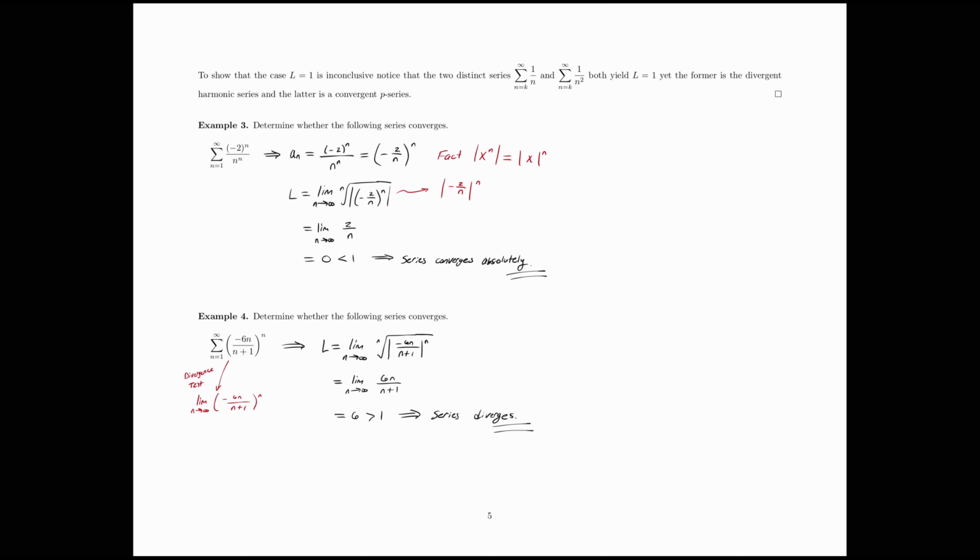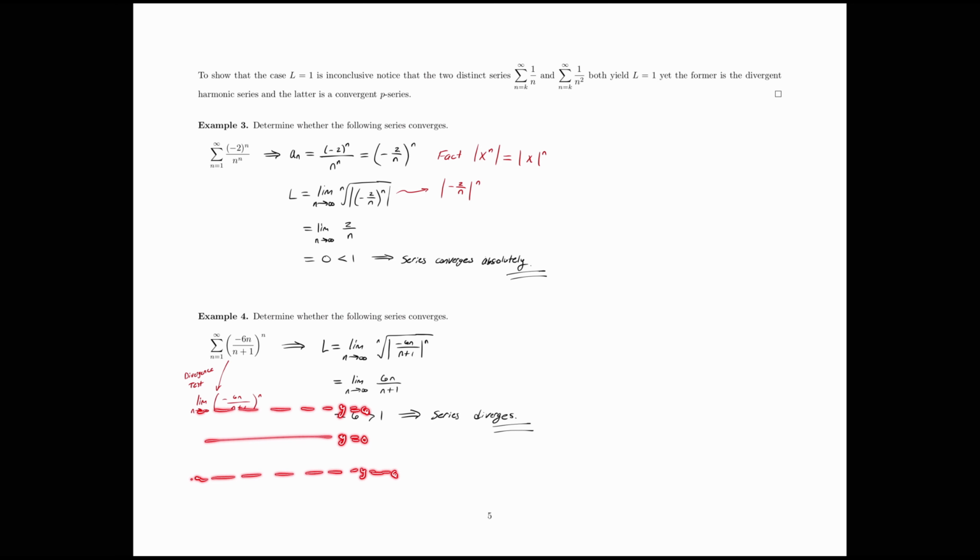Because of this, it's flip-flopping. As n increases by 1 each time, this expression flip-flops signs. Positive, negative, positive, negative, positive, negative. And because the inside here isn't approaching 0, it's approaching some positive number in absolute value, in this case 6. This means in the limit, if this is the line y equals 0, then down here is y equals -6, and up here is y equals 6.